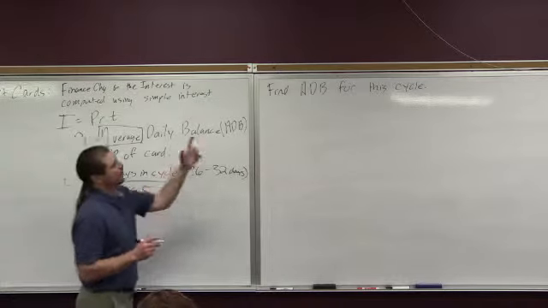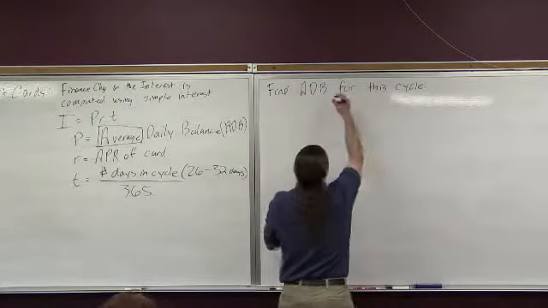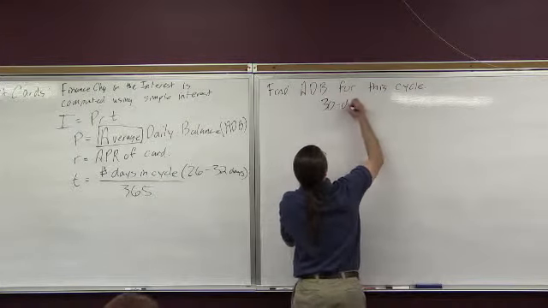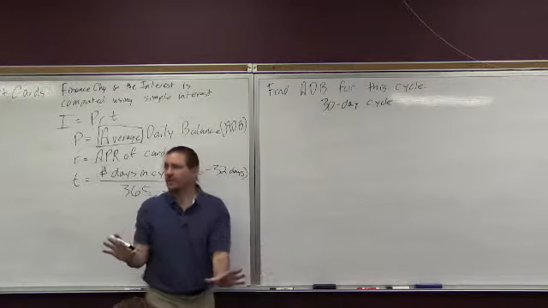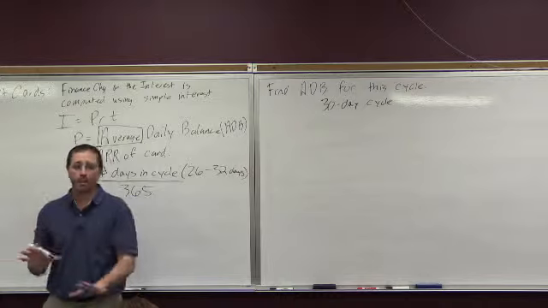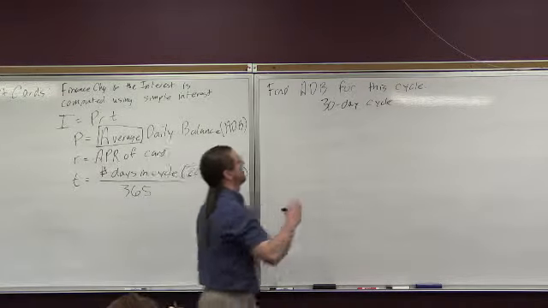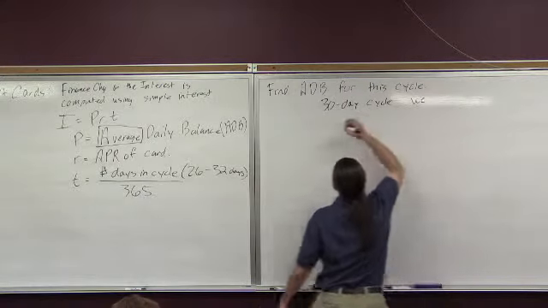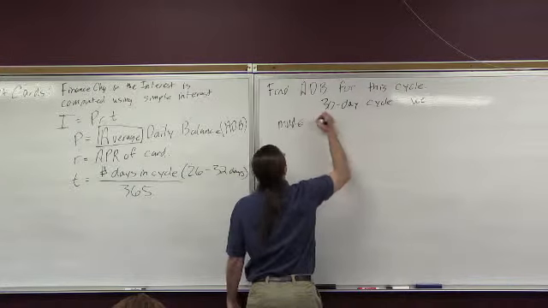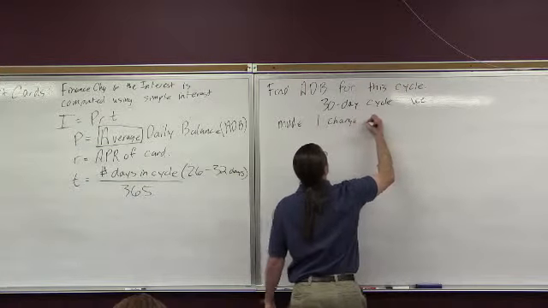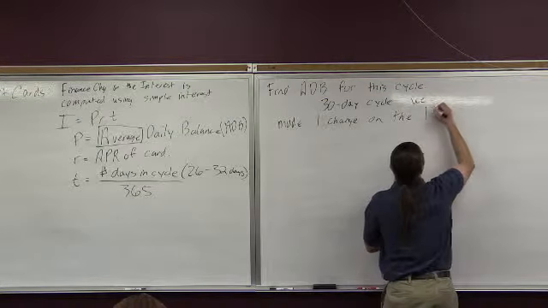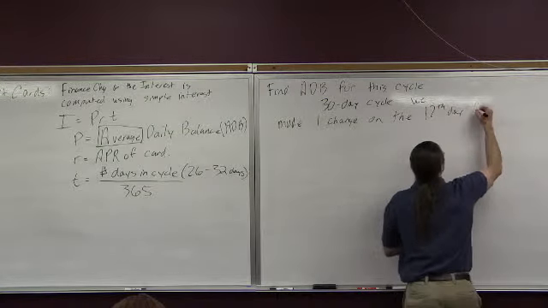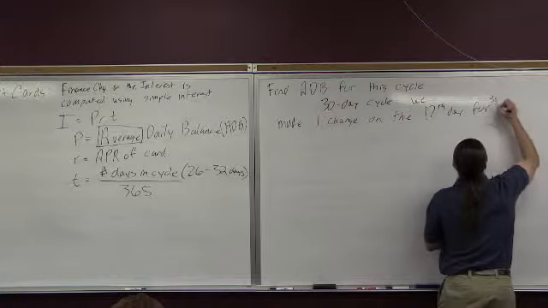Alright, so for this particular credit card, we have a 30-day cycle, and the only thing we charged on this credit card, we made one charge on the 17th day for $50.